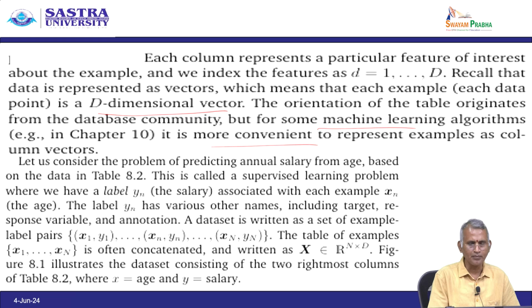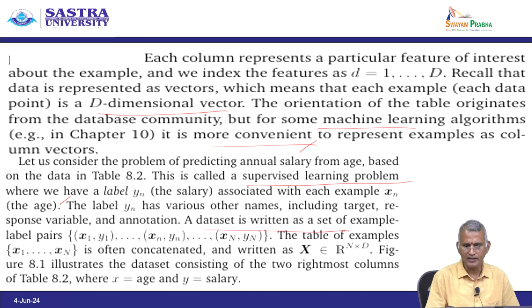Let us consider the problem of predicting annual salary from age based on the data in Table 8.2. This is called a supervised learning problem, where we have a label yn, the salary, associated with the example xn, the age. The label yn has various other names including target, response variable and annotation.